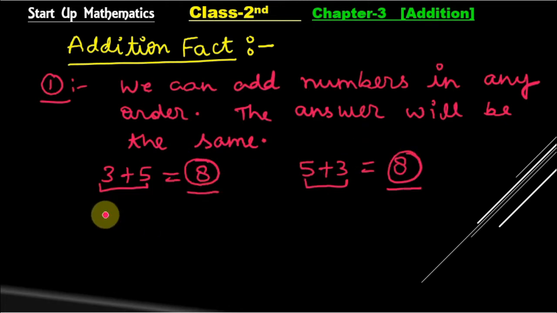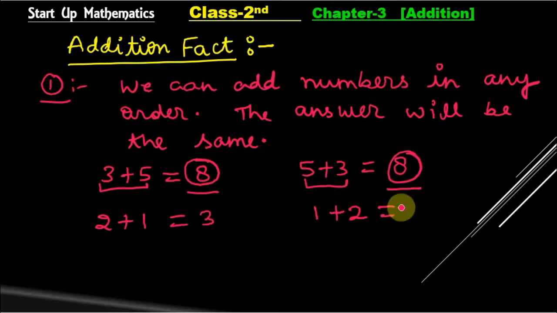Let's take another example. 2 plus 1 is equal to 3, and if we write 1 plus 2, we change the order of 2 and 1. Here we put 1 first, after that 2, and we get the same answer.